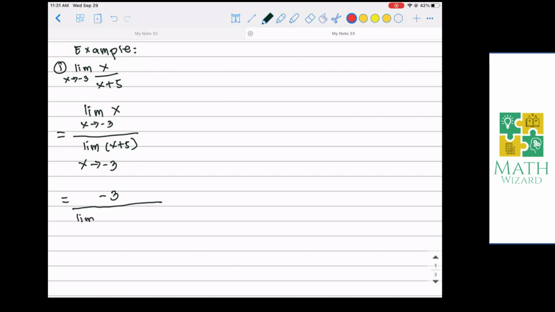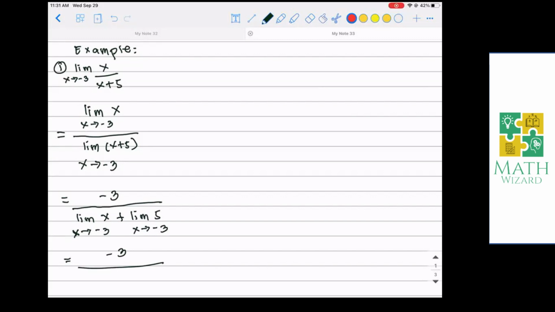So kukunin natin yung limit ng x as x approaches to negative 3 plus, separate lang natin, the limit of 5 as x approaches to negative 3. Copy the numerator over the limit of x as x approaches to negative 3.